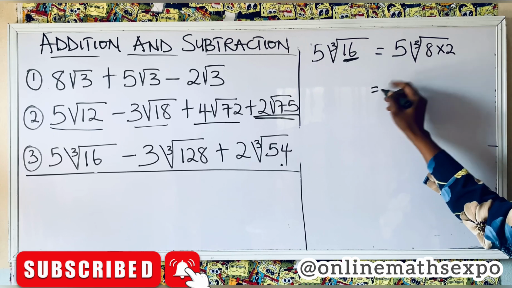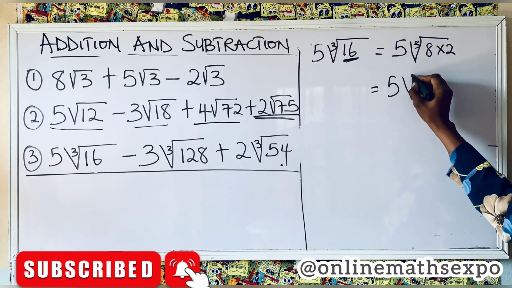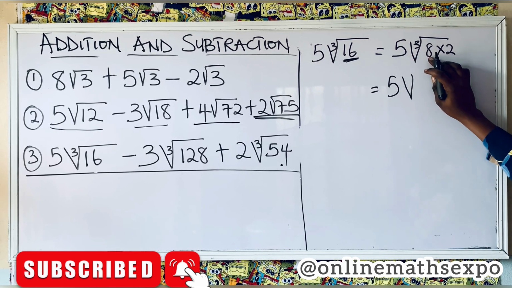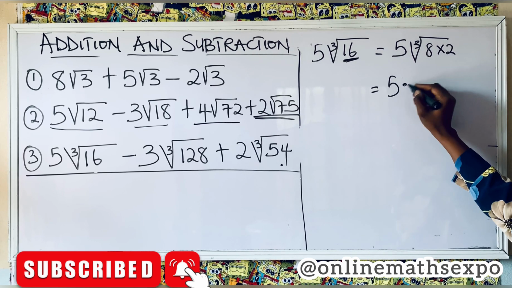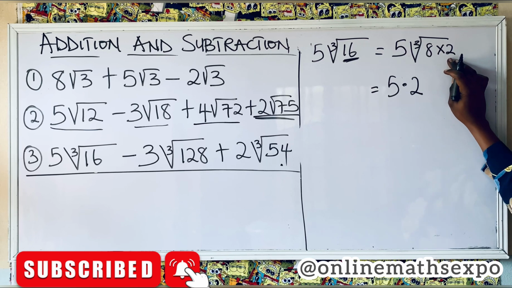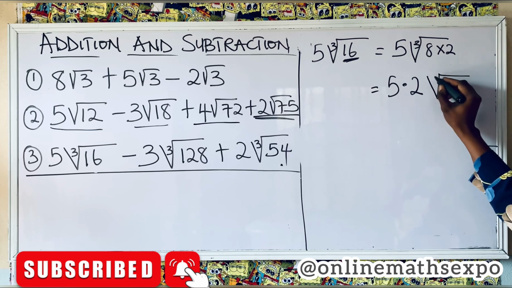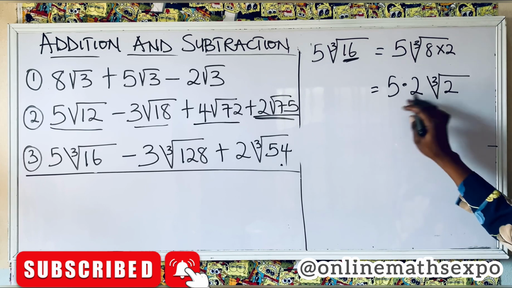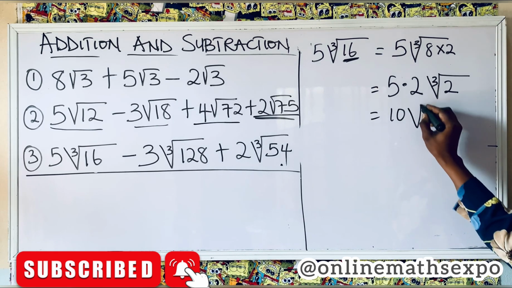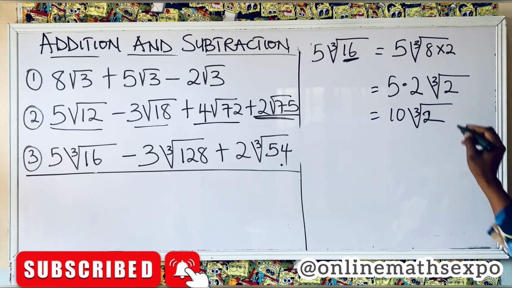So we have 5, then the cube root of 8 is 2, so we multiply by 2. This one is not a perfect cube, so it will remain in the cube root. Did you see that? So we multiply this, and it will give us 10 cube root of 2.